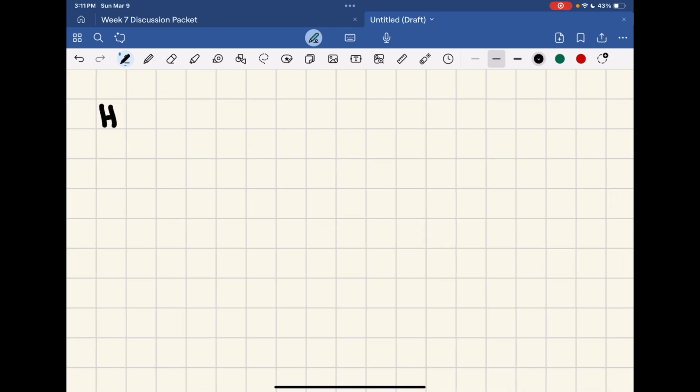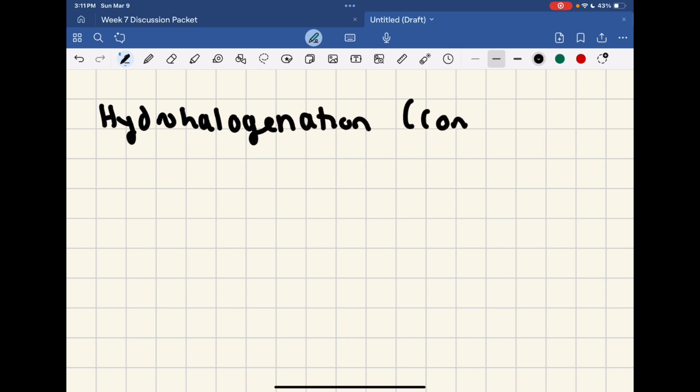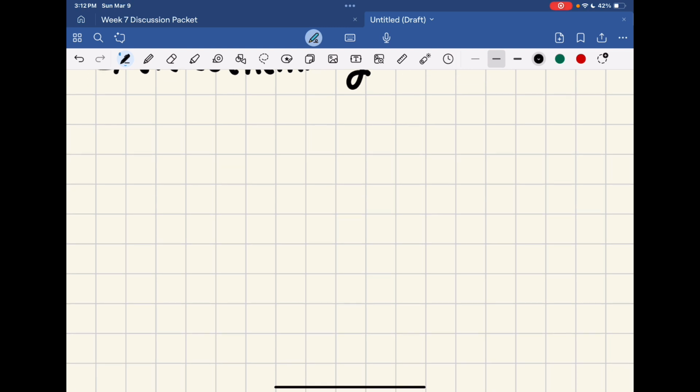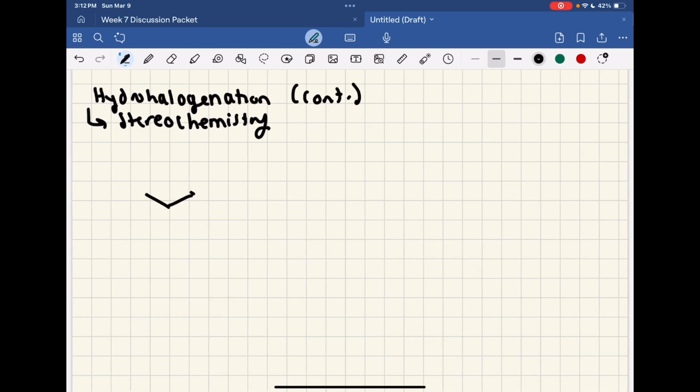So we're going to bring back this idea of hydrohalogenation, continued. And more specifically, we're going to talk about stereochemistry to consider. Okay, so again, I'm going to bring back just a generic example of this reaction. We have an alkene. We have our hydrogen and bromine reagent.